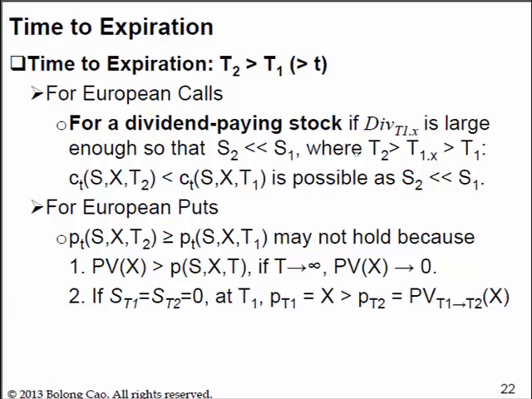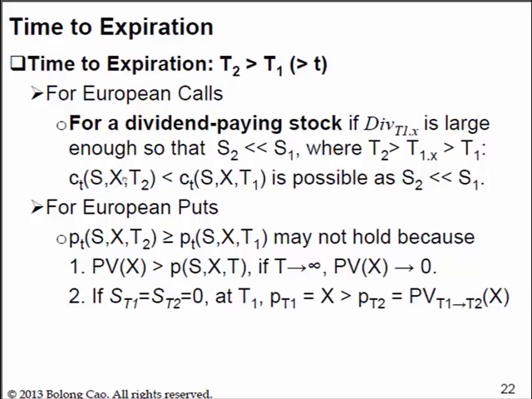Then it's possible that the European call option price with the longer maturity is lower than the European call option price with the shorter maturity. So when there's a significant dividend paid between the two dates, it's possible it will drive down the call option price with the further away expiration date.